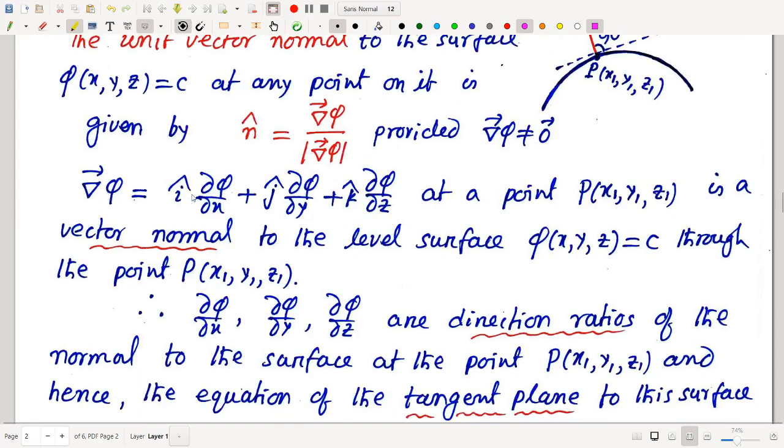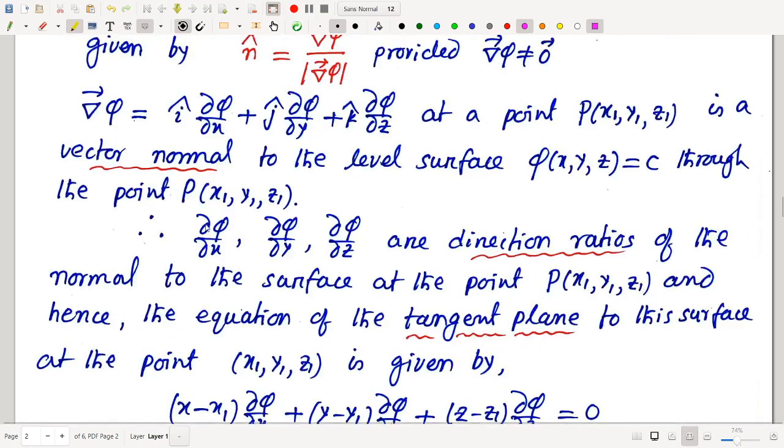Now grad φ = i ∂φ/∂x + j ∂φ/∂y + k ∂φ/∂z at a point P(x1, y1, z1) is a vector normal to the level surface φ(x, y, z) = c through the point P(x1, y1, z1). Therefore ∂φ/∂x, ∂φ/∂y, ∂φ/∂z, the partial derivatives with respect to x, y and z, are direction ratios of the normal to the surface at the point P(x1, y1, z1).